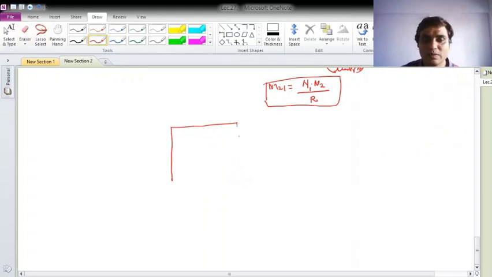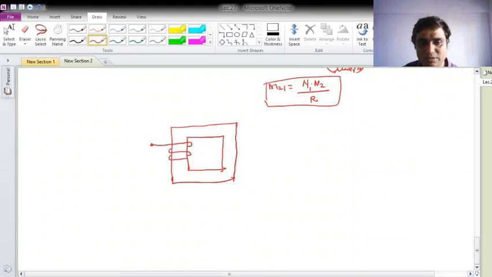So suppose this is the magnetic core, and there I have wound the wire like this, and similarly on this side something like this. Now I'll carry the I2 current in this particular coil. Say this is N2, these are N1 turns, and this carries no current.